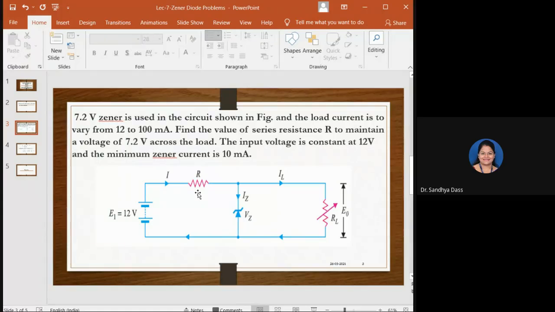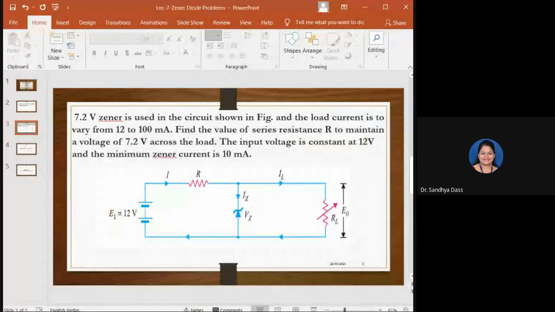Okay, so can we apply KVL there? I'm getting some chat responses here. Yes, correct. Very good. Since my slides are open, I'll not be able to track your chat. Can we apply KVL here in this loop?